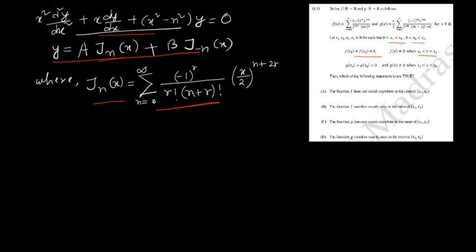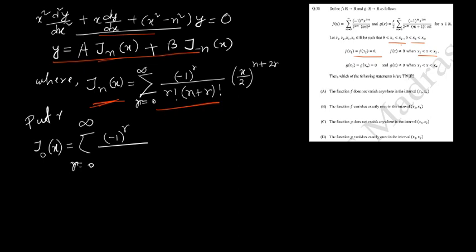If you put n equals 0 here, then J_0(x) is the summation r equals 0 to infinity of (-1)^r by factorial r into (0 plus r) factorial, times (x/2) to the power 0 plus 2r.